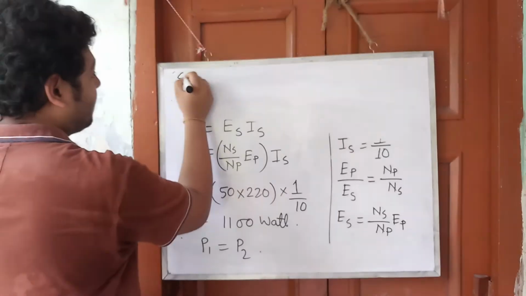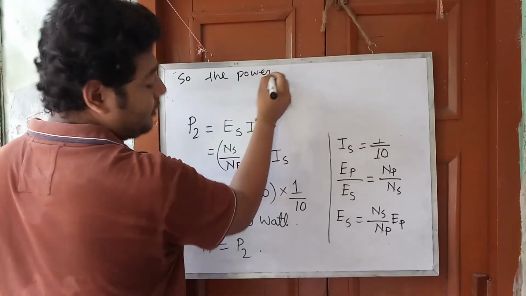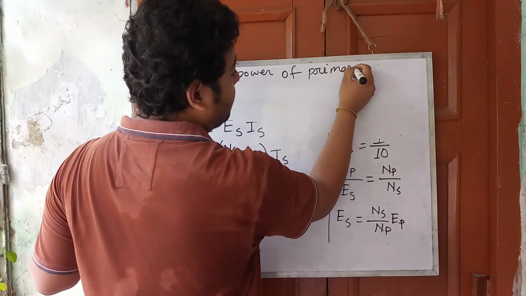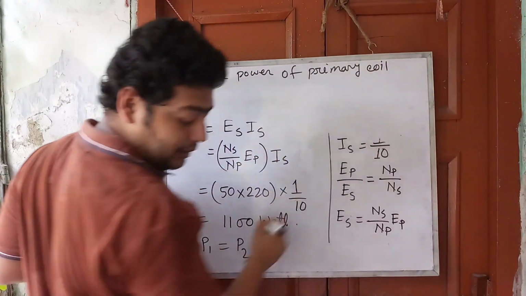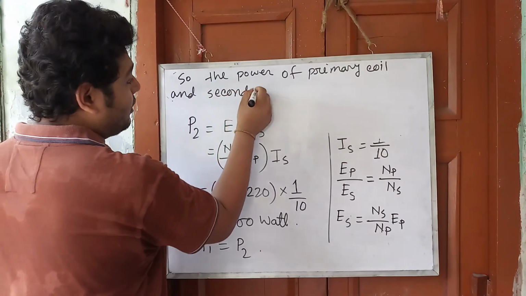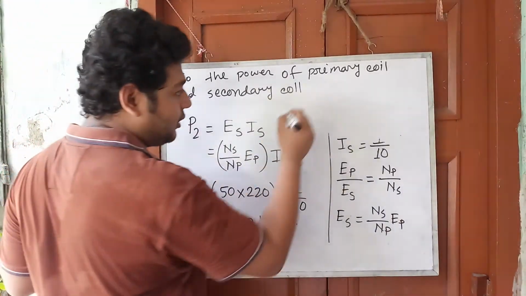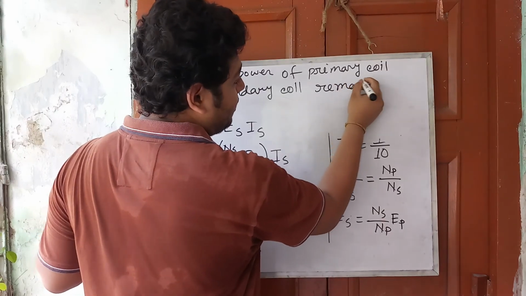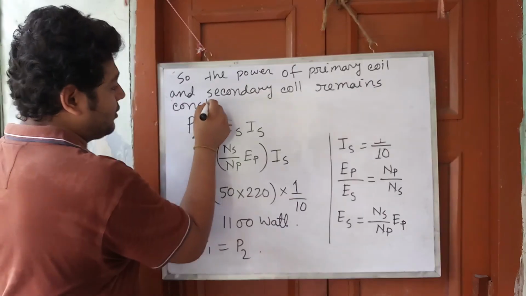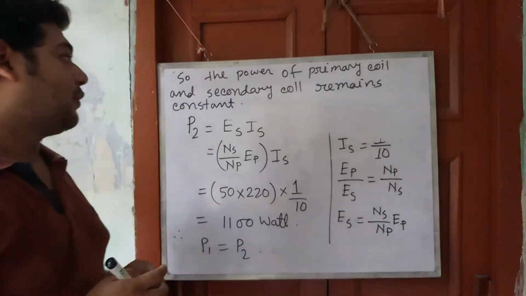So we can write the power of primary coil and secondary coil remains constant. So this is the solution for question number D.